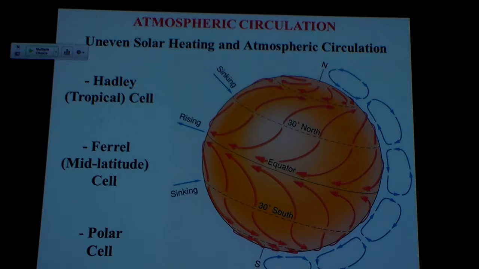Sometimes from the south, sometimes from the north, but primarily it's west to east driven at our latitude. So the Hadley cell, the Ferrel cell, and the polar cell explain north-south movement, but they don't explain east-west movement. That's where the Coriolis effect comes into play. And we already talked about that when we were talking about the oceans.